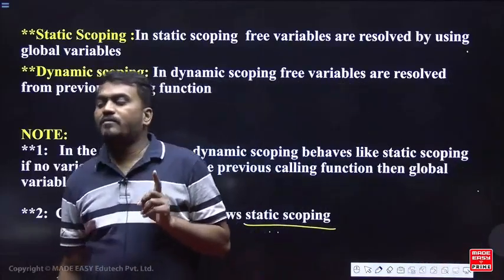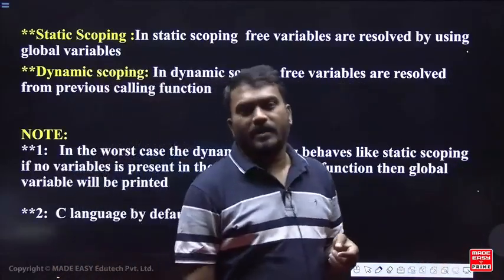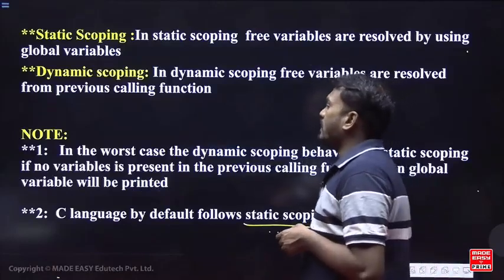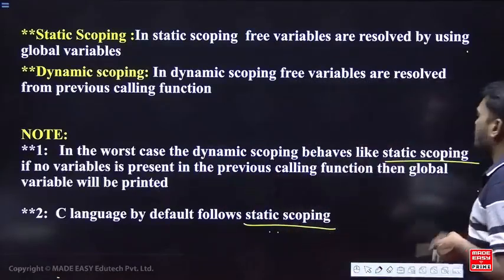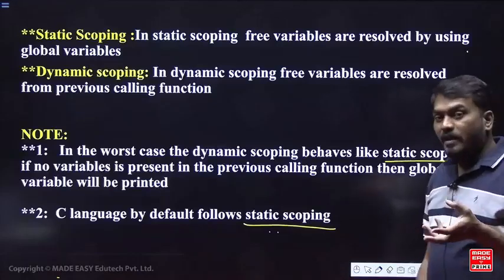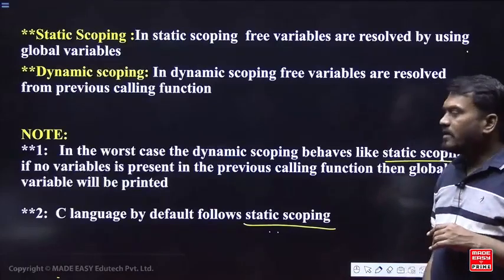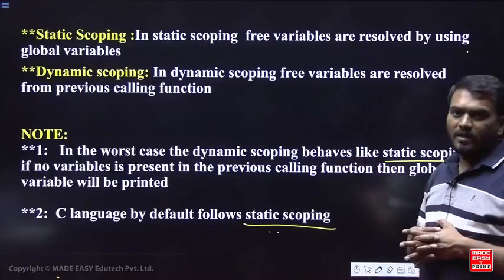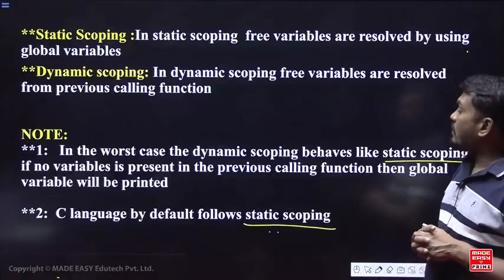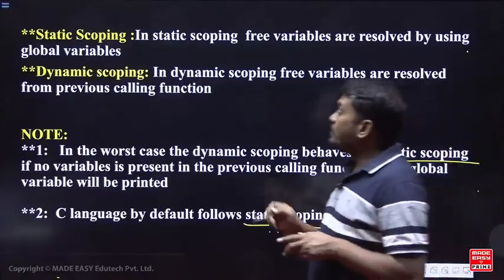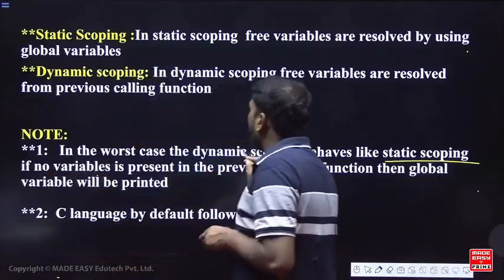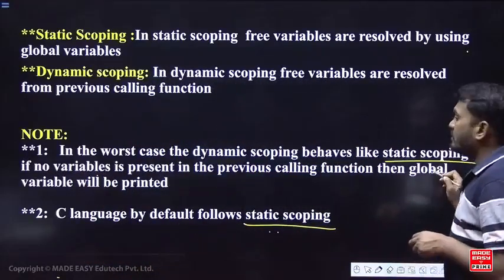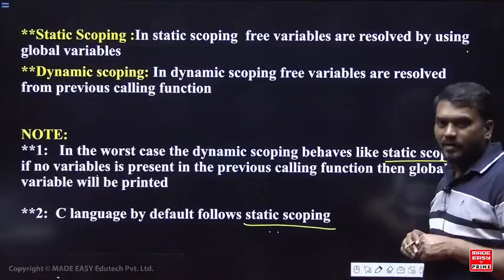And in the note you have written, in the worst case, dynamic scoping behaves like static scoping. If no variable is present in the previous calling function, then the global variable will be printed.